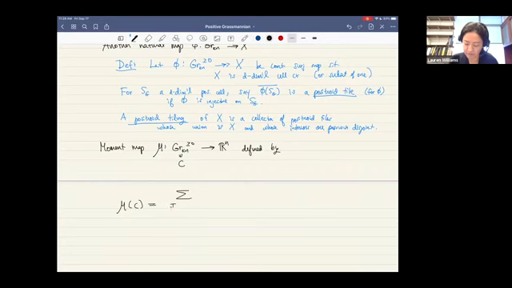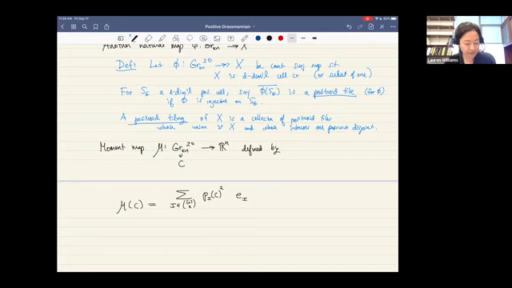So we sum over all k-element subsets I of 1 through n. And then we have a coefficient, which is the Plücker coordinate squared, times e_I.